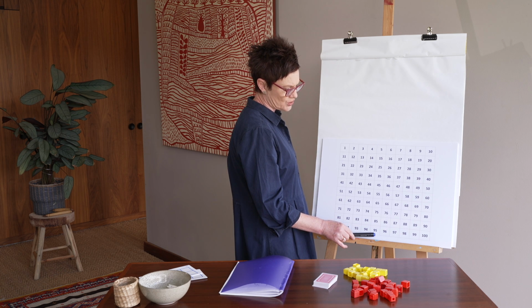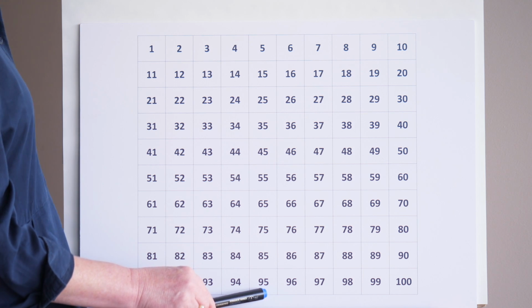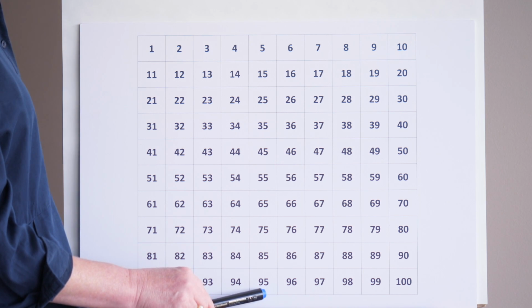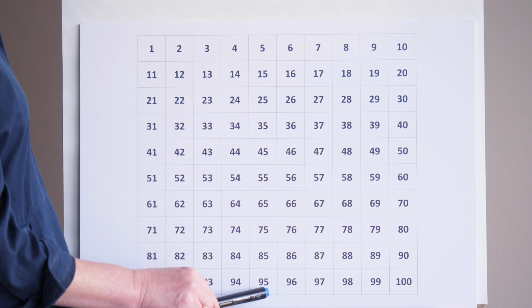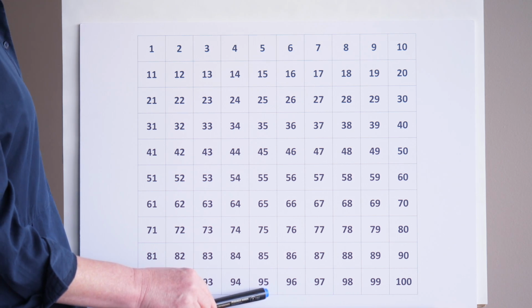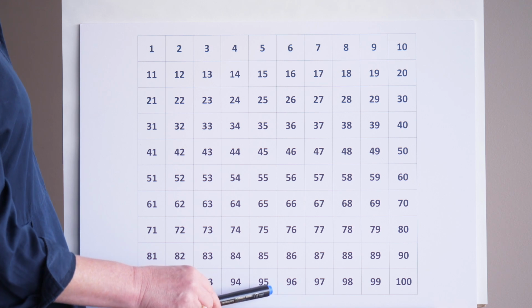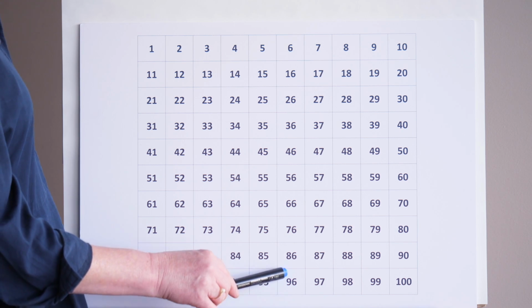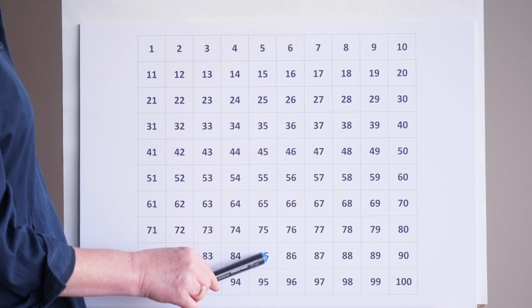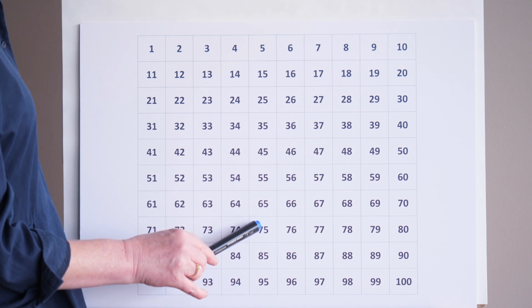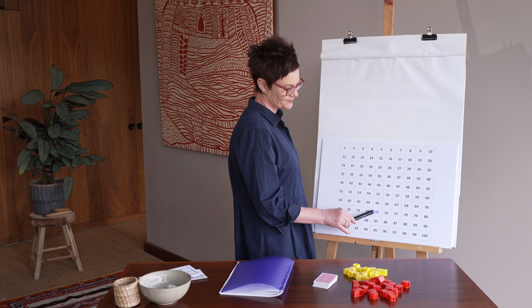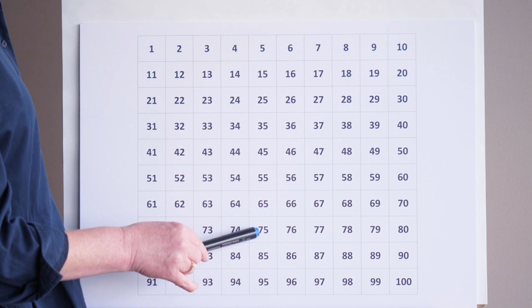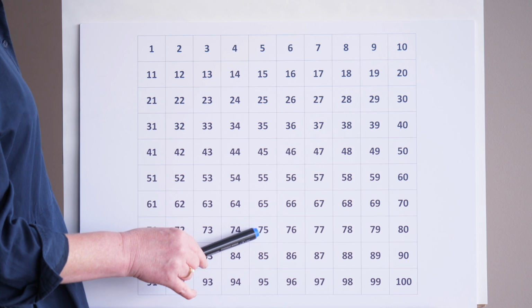I wonder what 2 lots of 10 less than 95 is. So 95, subtract or take away 2 lots of 10, 20. 95, take away 10, 85, take away 10, 75. So 95, take away 2 lots of 10, we'll end up at 75.